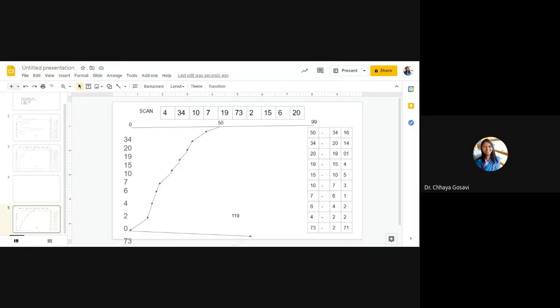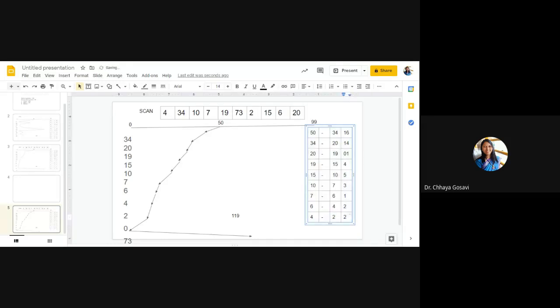Otherwise, if there are many requests, it will serve them while coming back in the reverse direction. So till 2 you will find the result the same, but after 2 it will move to 0. This needs to be added in our calculation. From 2 it is moving to 0, and from 0 it is moving to 73.